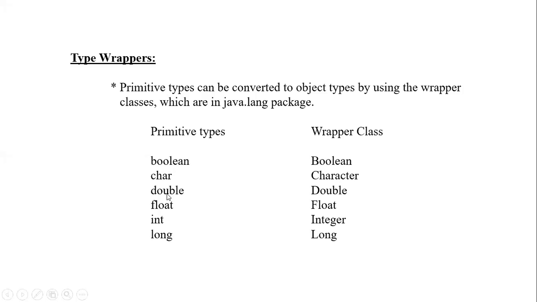For the double primitive data type, you have a wrapper class called Double, right? Similarly, for float, int, and long, you have suitable wrapper classes for these primitive types. So these primitive types will be put into these wrapper classes.